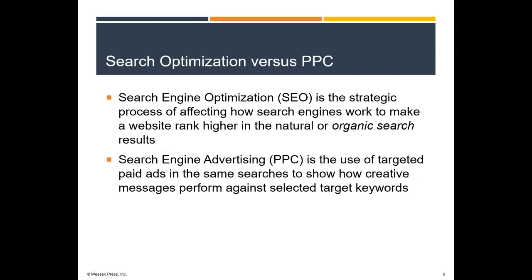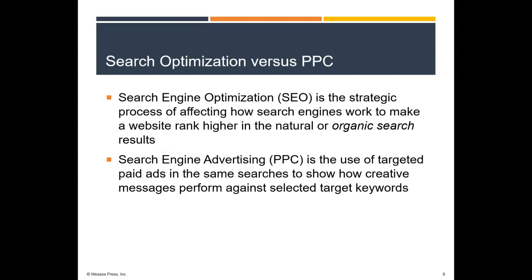Search optimization versus PPC. And what is PPC? I'll let you have that, that will be your first 2-point extra credit question for this unit 2. So search engine optimization, SEO, is the strategic process of affecting how search engines work to make a website rank higher in the natural or organic search results.